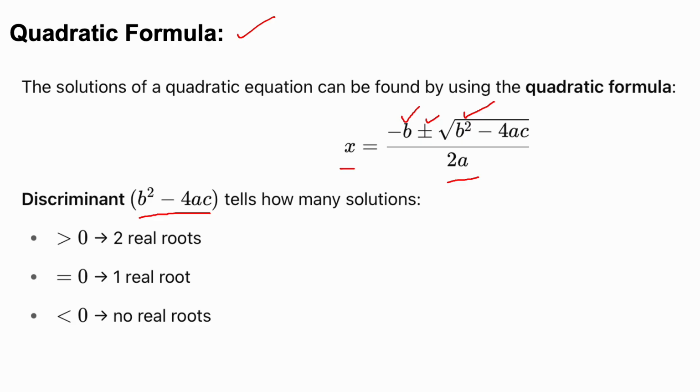It tells us that if the discriminant is greater than 0, your equation will have two real roots. If it is exactly 0, it will have one real root, and if it is less than 0, there will be no real roots and just imaginary ones. So the discriminant is like your secret code to know how many solutions a quadratic equation has.